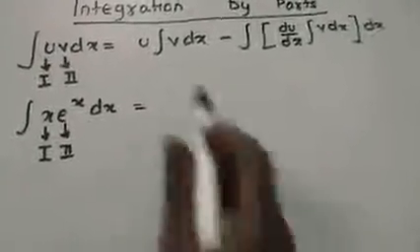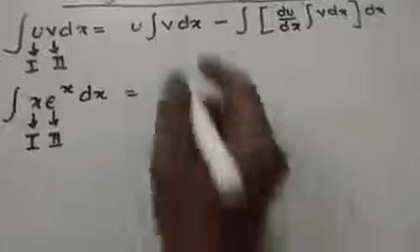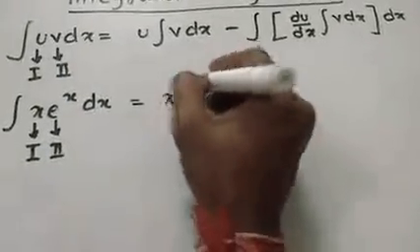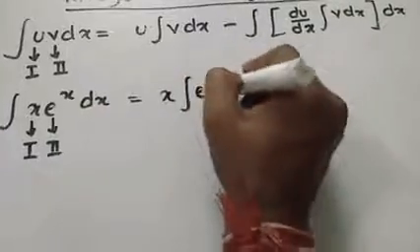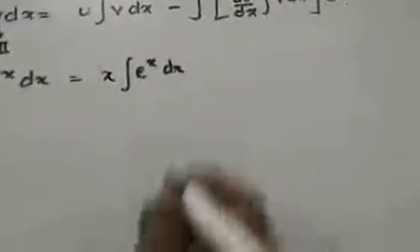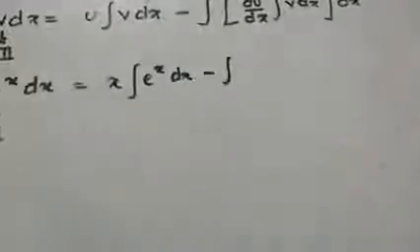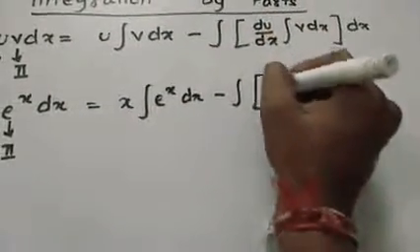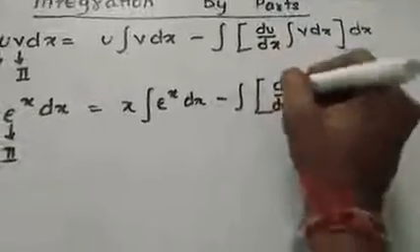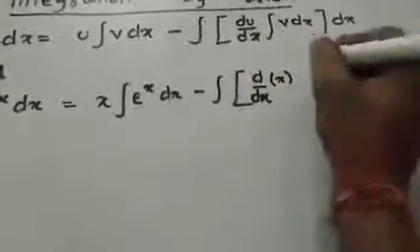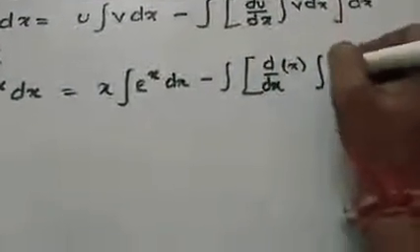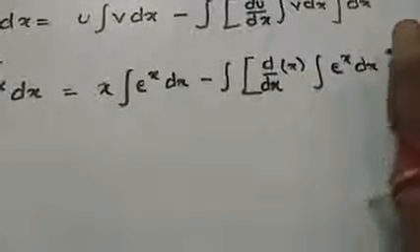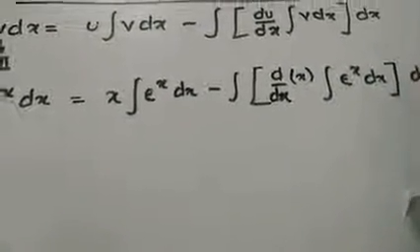So using that rule, first function, that means x, integration of second function e to the power x dx, minus integration of the derivative of u, our first function, times the integration of v, that means our second function, close, dx.